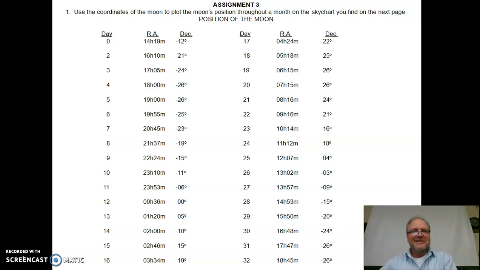But looking at day 0, the right ascension of the moon is 14 hours and 19 minutes and a declination of negative 12 degrees. Right ascension is 14 hours, between 12 and 24. That's definitely summer sky. So flip on over to page 99. 14, 19, and negative 12.